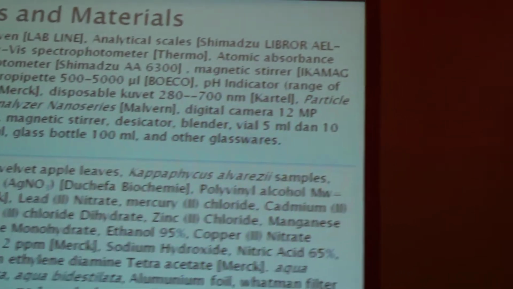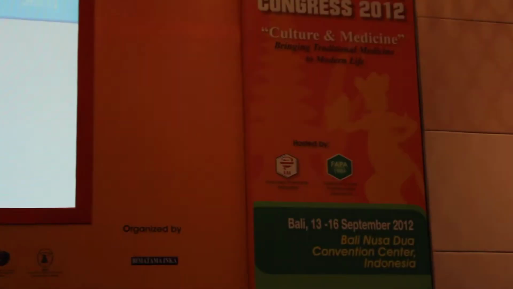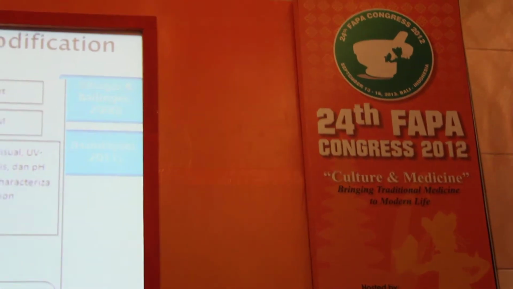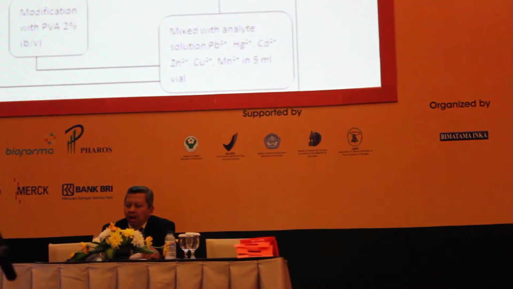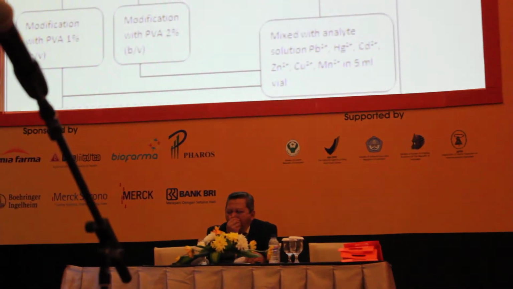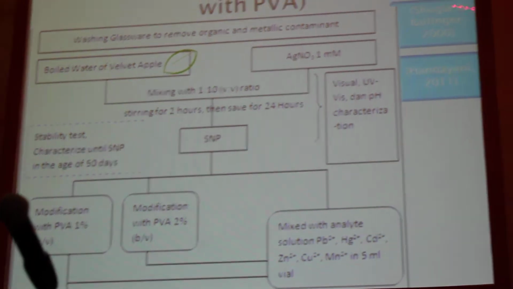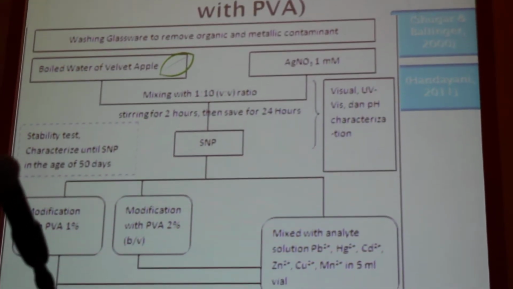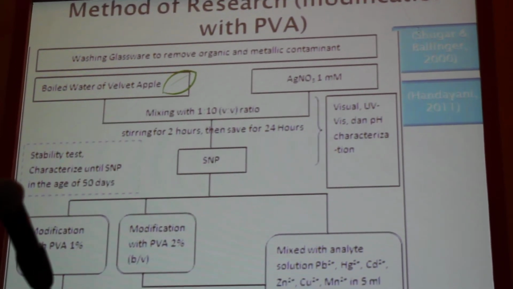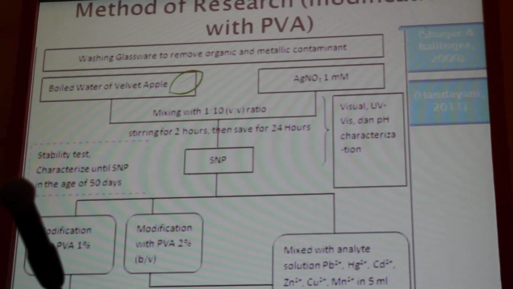This is the tools and materials slide. This is the method of research, where we make the reaction in definite procedures to grow nanoparticles. The water extract that I use is velvet apple, bisbul in Bahasa, with a reagent of silver nitrate, 1 millimolar, mixed at a ratio of 1/10 volume per volume, stirring for 2 hours, then staying for 24 hours.